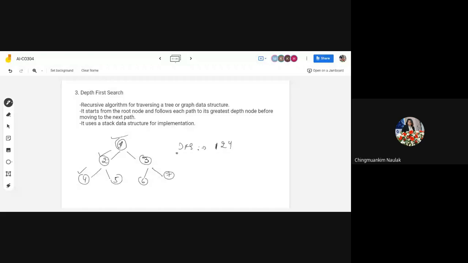After 4, if you try to explore 4, there are no other neighboring nodes, so you backtrack, you go back to the previous node, that is 2, and you explore this node again.